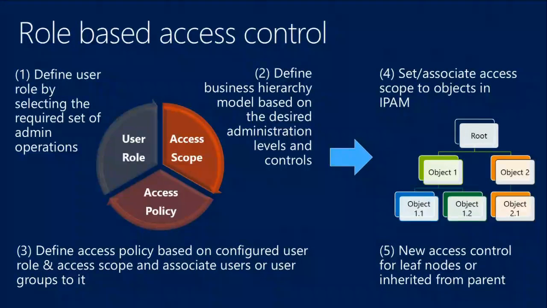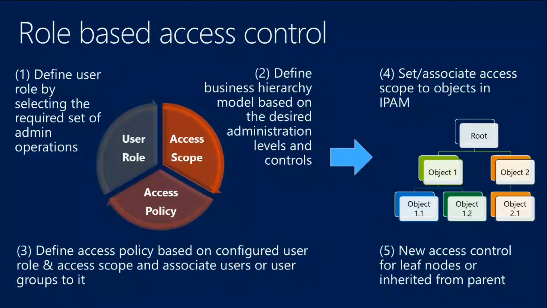User role is nothing but a group of operations that can be performed. So let's say create scope is an operation, or delete scope, or create policy, DHCP policy is an operation. So user role is an aggregation of these operations which you need to define right up front. So for example, if you're creating a DHCP scope admin, all the operations on the DHCP scope that can be performed would be defined and aggregated into a user role.